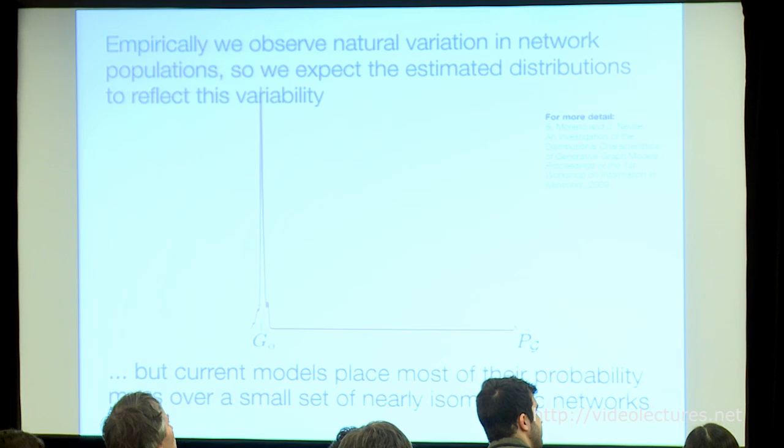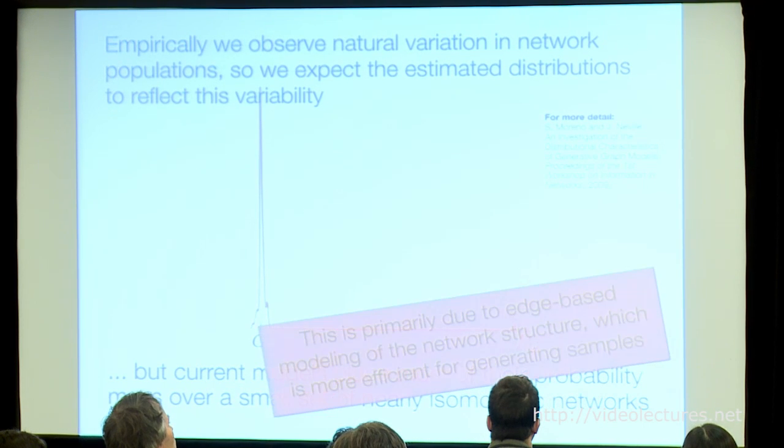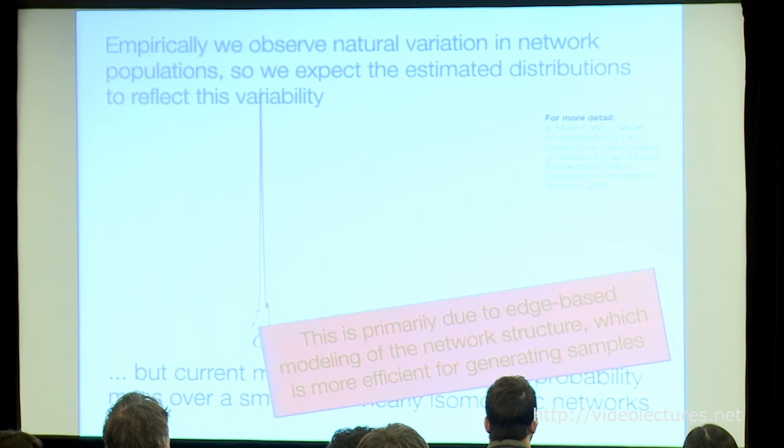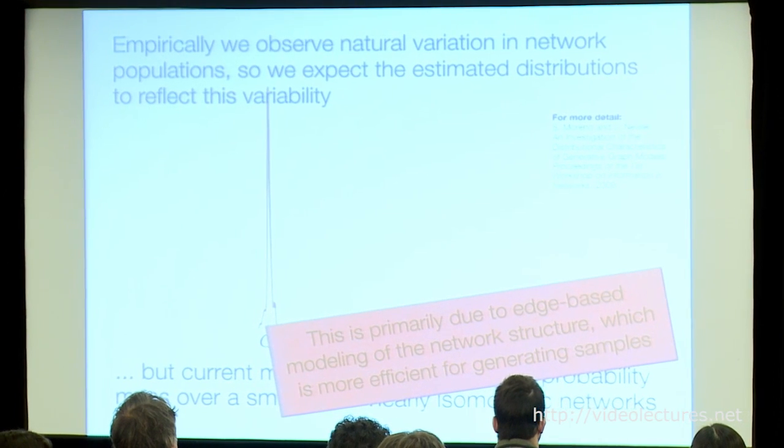It happens with a lot of the different models, and that seems to be primarily due to the fact that we use an edge-based likelihood structure to generate networks from these underlying distributions, and the edges correspond to a lot of different Bernoulli flips of coins. And so when you flip for every possible edge in the network, and you have 100 million of them, there's a lot of concentration, and you get very little variability across the overall structure of the graph.